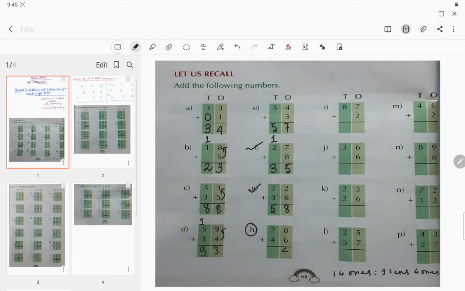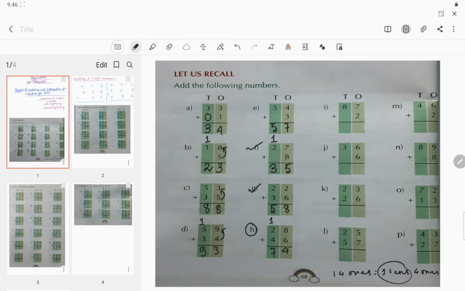So you have to put 4 here, and this 1 tens will be carried over to the next tens place. Now add them. 4 plus 2 is 6 and 6 plus 1 is 7. So 74 is the sum.